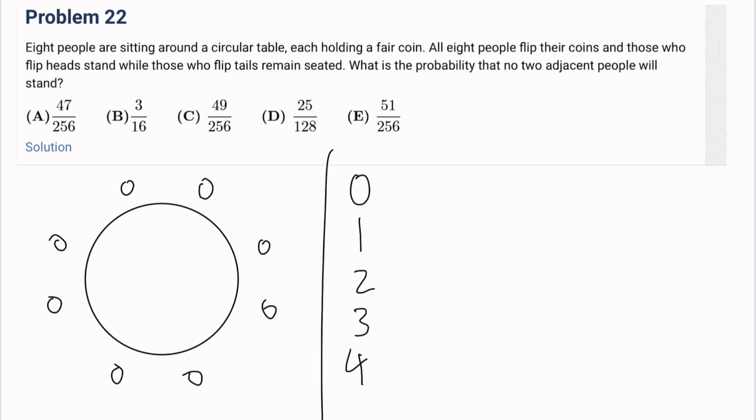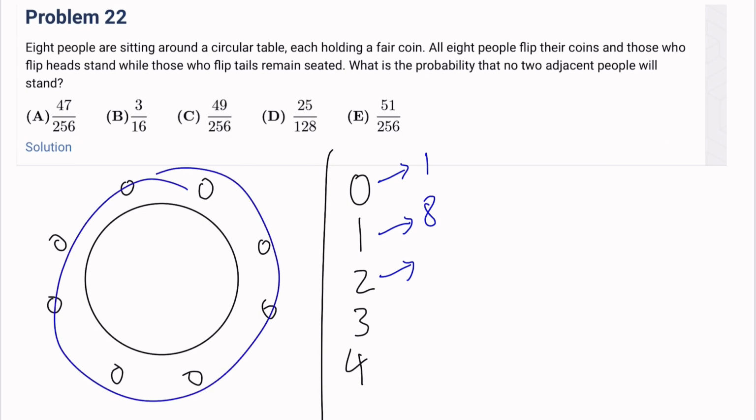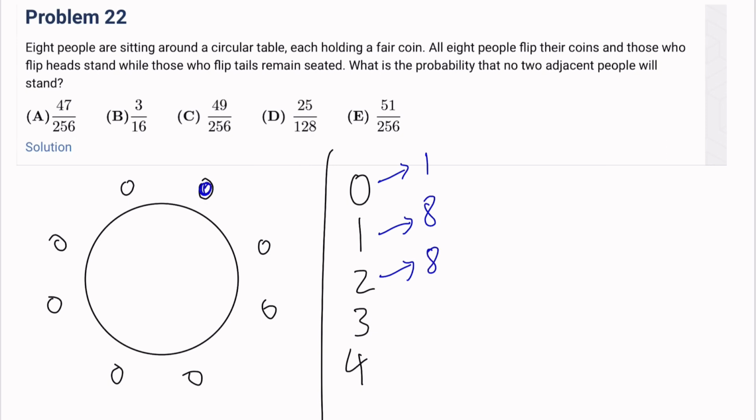And first of all, if 0 people stand, it's very easy. It's just 1 possibility. And if 1 person stands, that's also very easy. It's just choosing 1 out of the 8. So that's 8 possibilities. And choosing 2 is, first we pick 1 person out of the 8, so that's 8. And so let's say we picked this person, right?